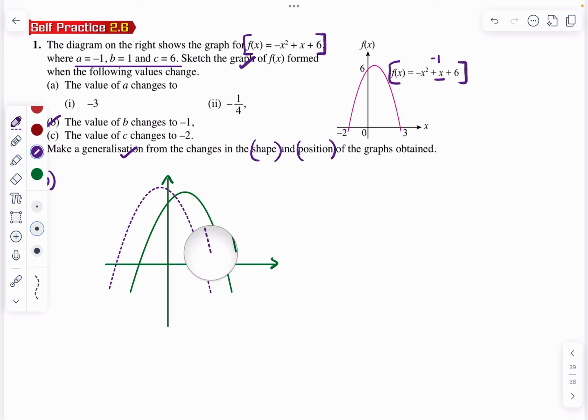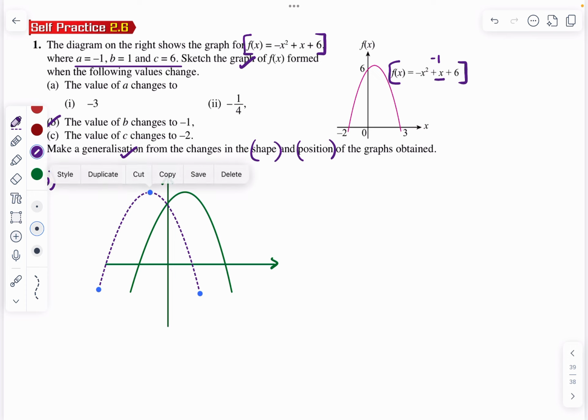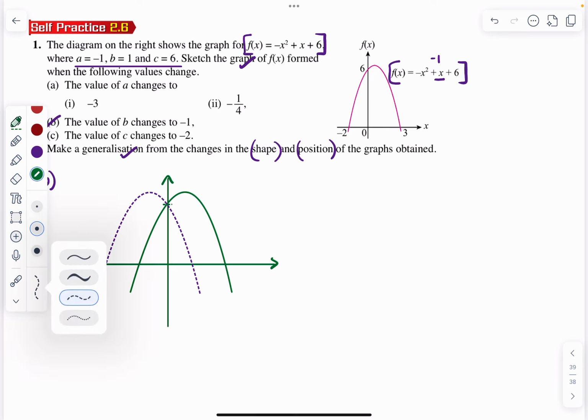Our new graph is something like this. They both cut the y-axis at the same point, 6. That one doesn't change. Sorry, the shape doesn't change, but the position changes.